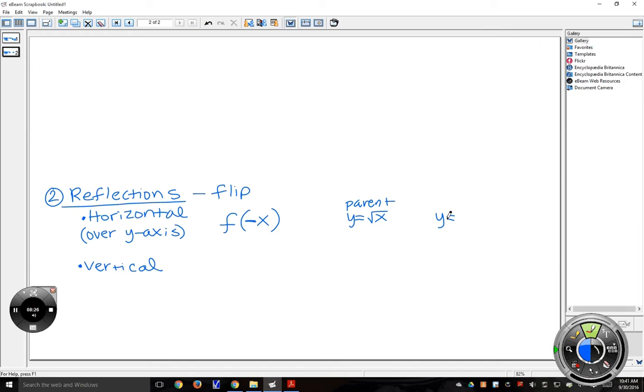I have to be careful though where I put the negative. Do I want it before the function is done or after? If flipping over the y-axis is just changing the sign of the x, I want to change the sign of the x before I apply the function. So I'll have my square root, I'll have x. Will the negative go in front of the square root or just in front of the x? In front of the x, okay?